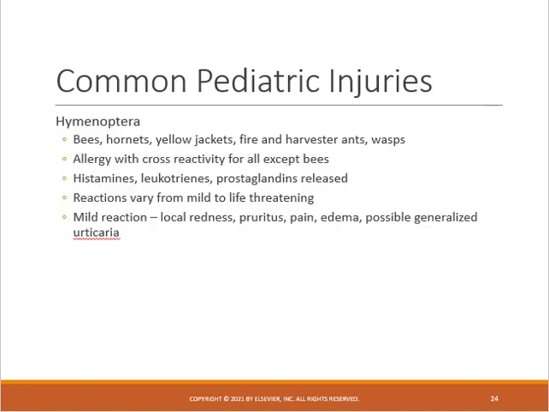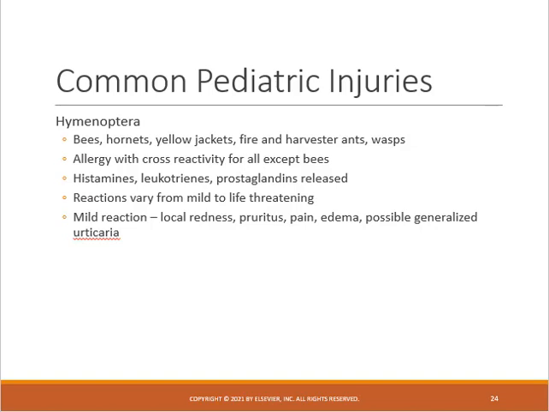Next, let's talk about some stings that can occur from bees, hornets, yellow jackets, ants, wasps, etc. You can have reactions from any type of sting, and this is based on an IgE hypersensitivity that's causing the reactions.